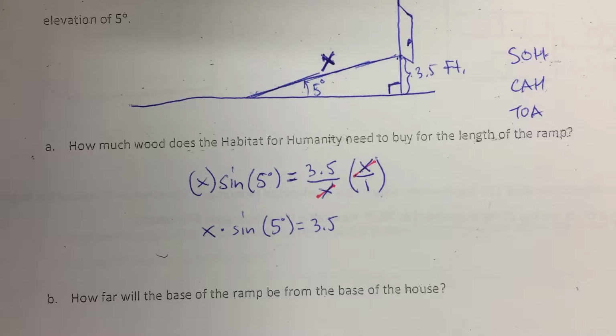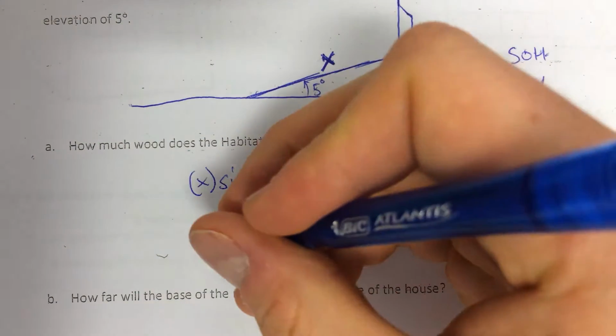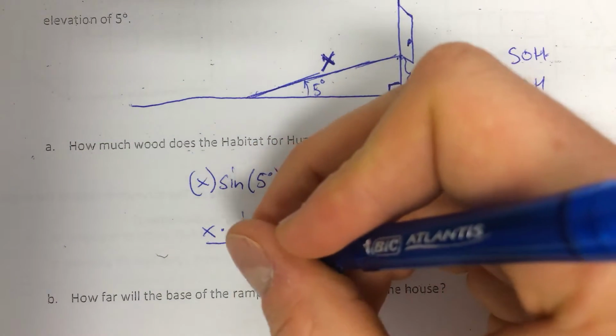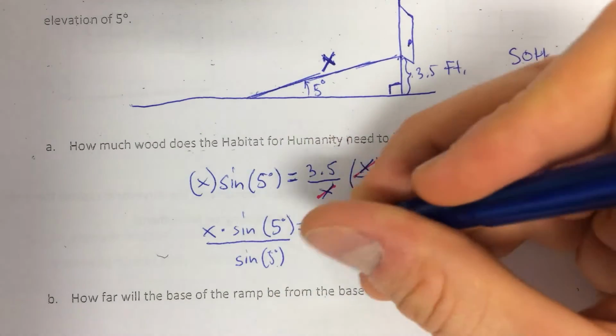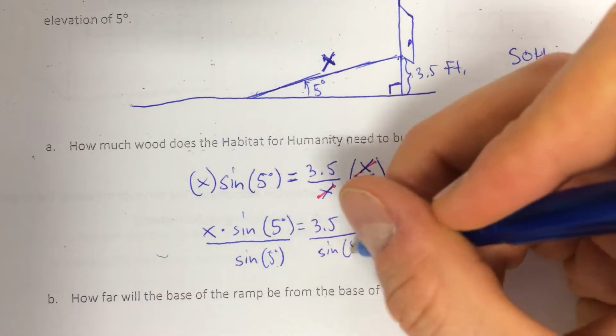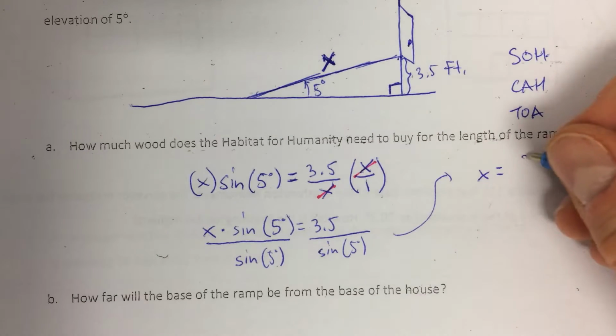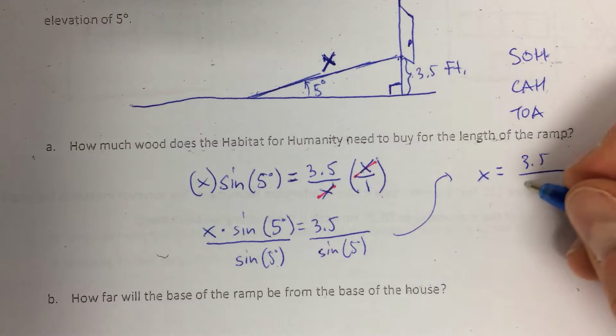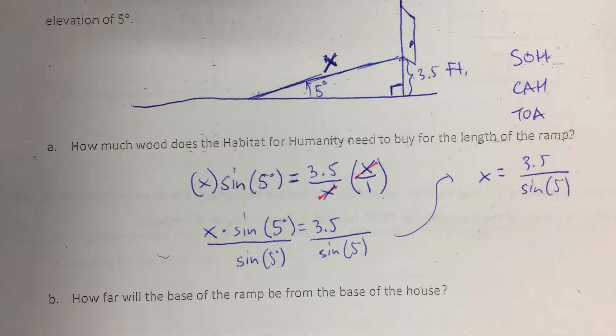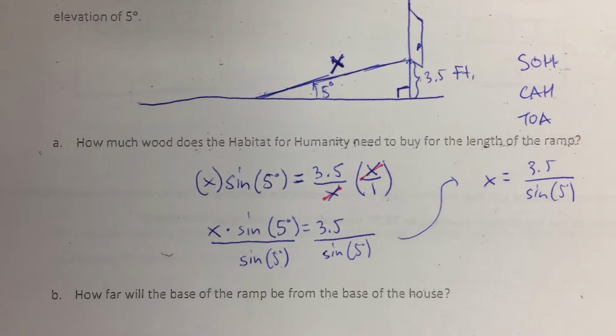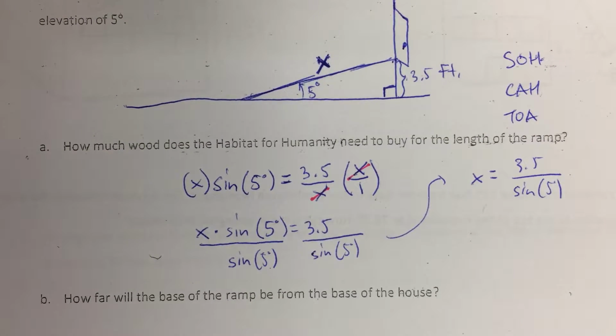And now we want to get x on its own. We have that sine of 5 there, so let's divide both sides by sine of 5 degrees. So x is 3.5 divided by sine of 5. Now in class we solved this using the TI-84 calculators.